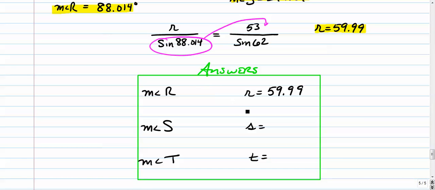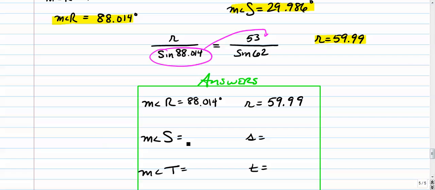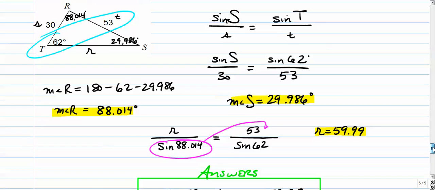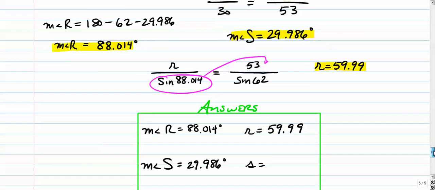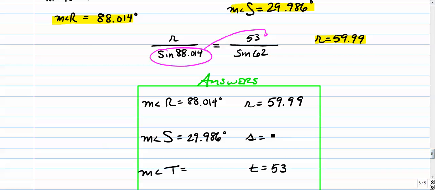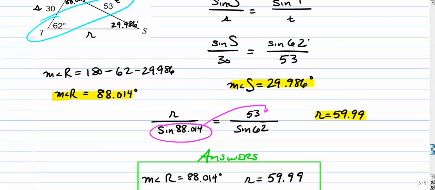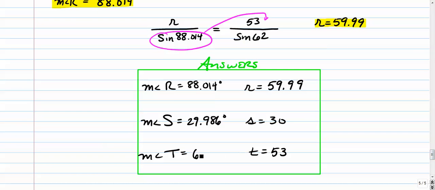Answers. Let's see, measure of angle R is 88.014. And let's see what some of the other ones were. Measure of angle S is 29.986. And the other three were given, I believe. Lowercase t is 53. Lowercase s is 30. And the measure of angle T is 62.